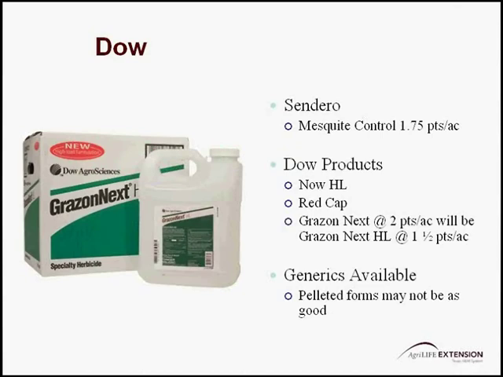And all that means is it's more concentrated. So you need to be aware, because if you were putting out, say, Graze On Next at 2 pints per acre, now you'll need to use Graze On Next HL at 1.5 pints per acre. So just check that out. I actually haven't seen it in many stores yet. I guess they're trying to get rid of their old stock, but that is coming, and they've done that on a number of their chemicals.